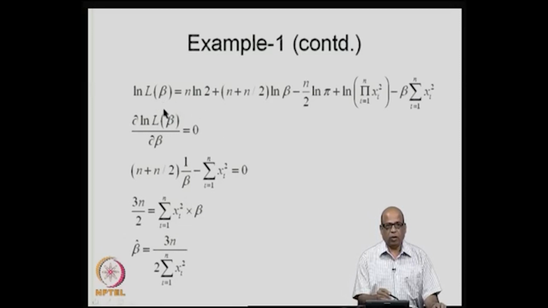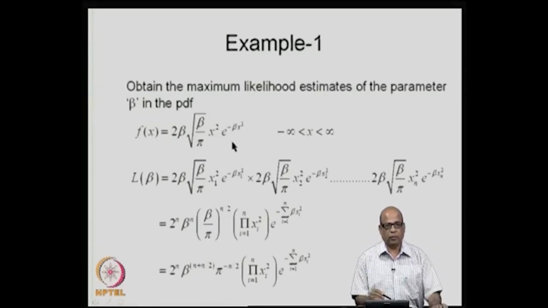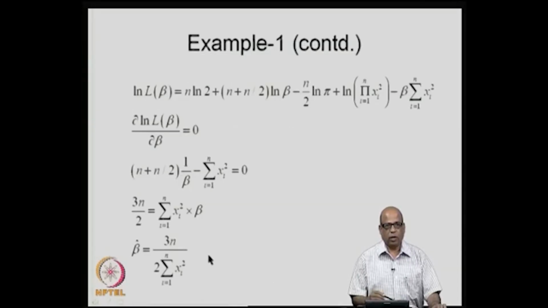From this you write the log of likelihood function as, see, we are taking the logarithm on both sides. So, we write this as n log 2 plus n by 2 log beta minus n by 2 log pi, because we had pi to the power minus n by 2, plus logarithm of the product i is equal to 1 to n x i square minus beta summation i is equal to 1 to n x i square. Beta is the only parameter.